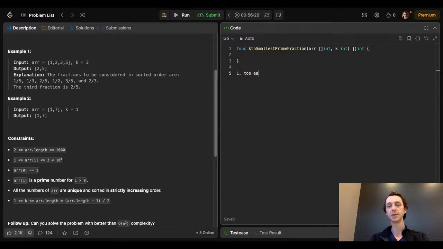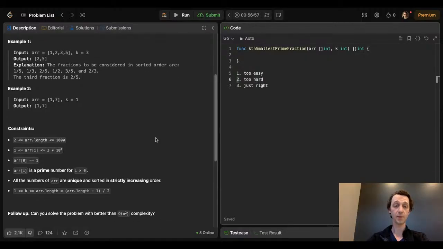It's too easy, or too hard, or just right. As we're trying to prepare for an interview, we don't want to deal with something too easy. That's more like a warm-up problem, easy level. Or if something is too hard, like this follow-up, what's the point?